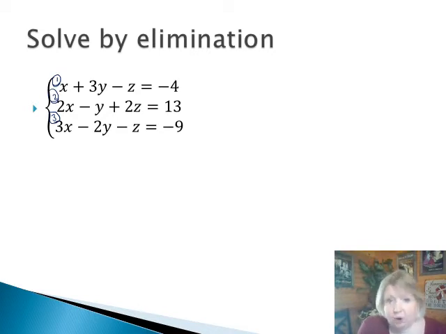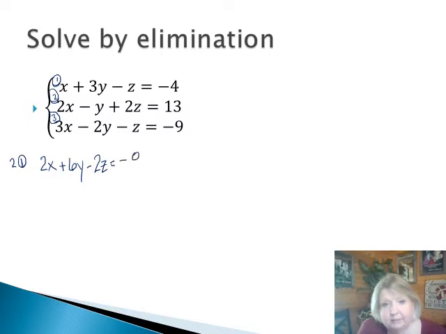For the sake of argument, and just because I can, I'm going to get rid of the z's. I'm going to eliminate the z's. In order to do that, I'm going to multiply this top equation by 2. That'll give me 2x plus 6y minus 2z equals -8. Then I'm going to look at number 2 right there with him.